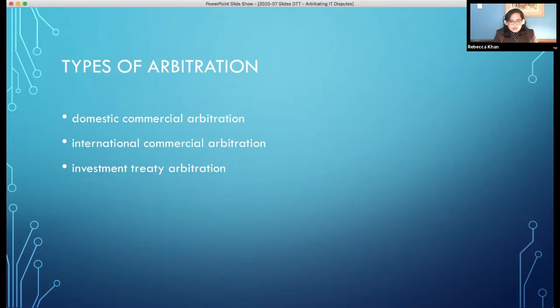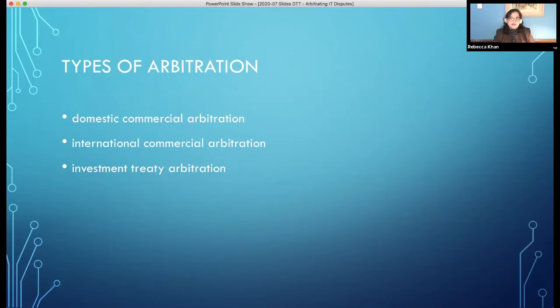The key difference between domestic and international is defined by law. The key difference is either, one, the nationality of the parties, or two, the seat of the arbitration. The seat of the arbitration is where the parties have designated to be the place of arbitration. That doesn't necessarily mean that hearings will be held there.